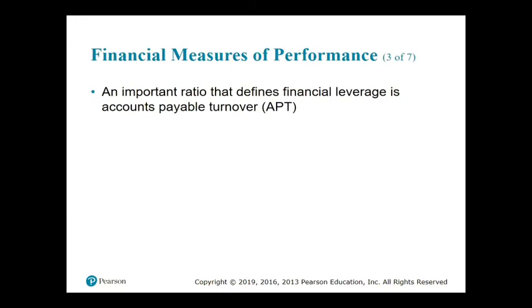Another important measure is account payable turnover. So to understand that, first we need to define account payable. So basically, account payable is the money owed by a business to its suppliers, which is shown as a liability on the company's balance sheet.